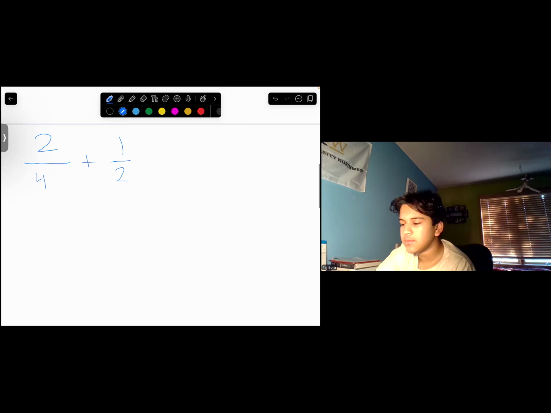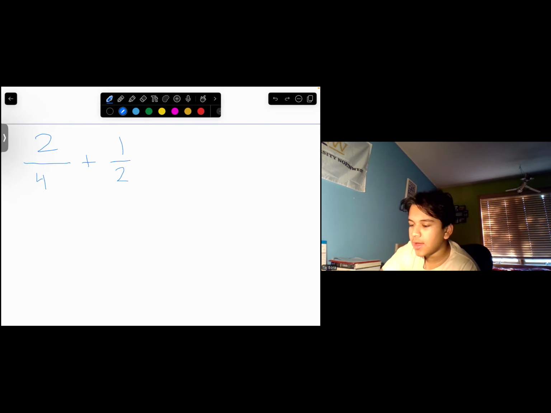So we see that there are two different numbers on the bottom. There's 4 and there's 2. So these numbers are different. They're not the same. But we want to make these numbers the same. So how can we make 2 and 4 be able to divide by one number?